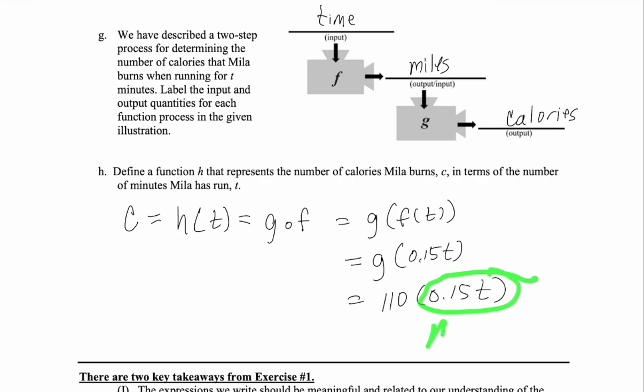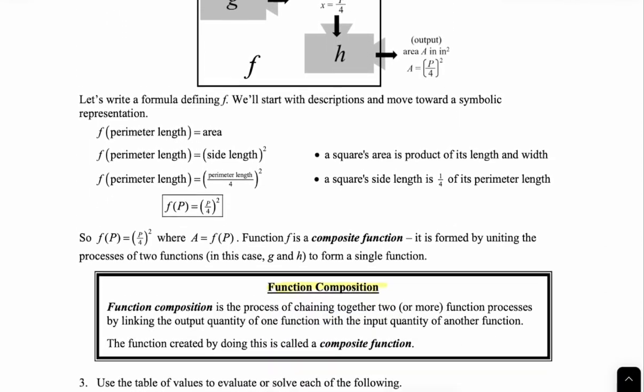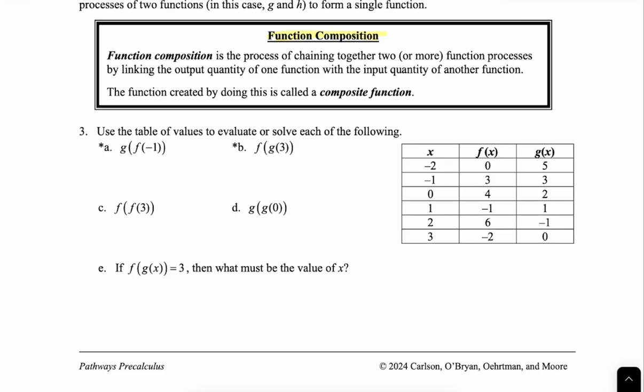If we multiply by 110, that becomes calories. So that's what they were looking for there. Okay. So I do want to practice doing function composition for just generic functions, not ones that have lots of words with them. So now let's move on to number 3 with the table.